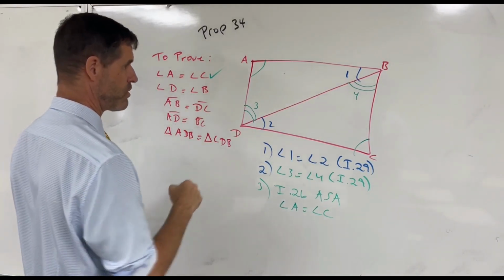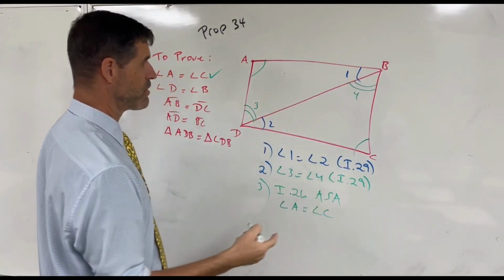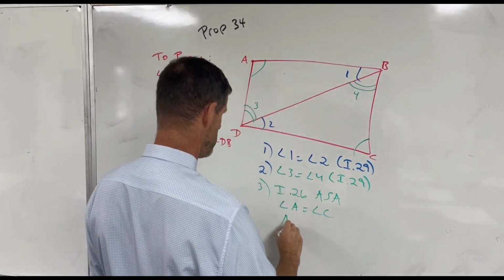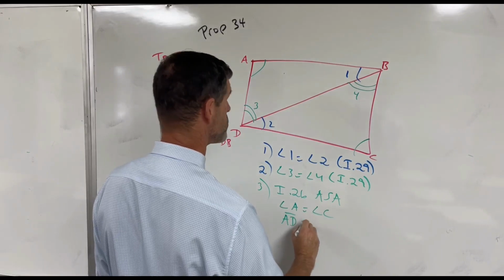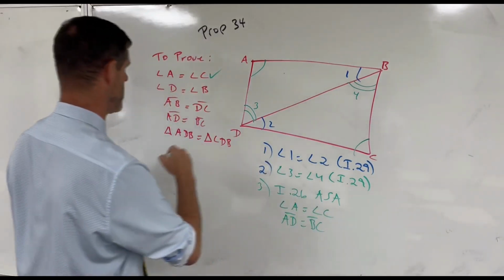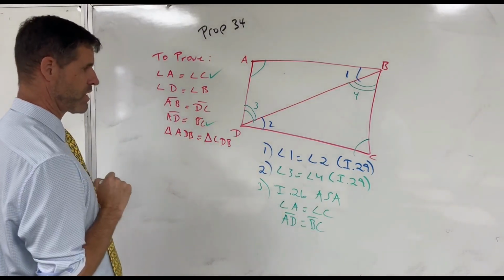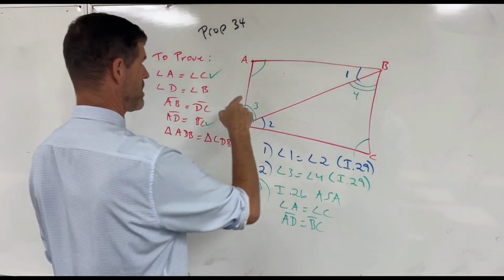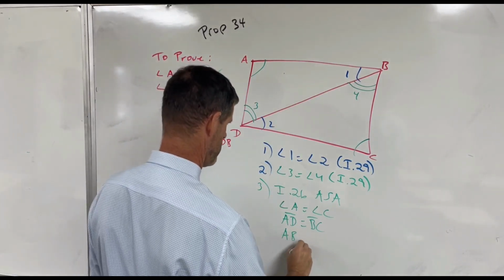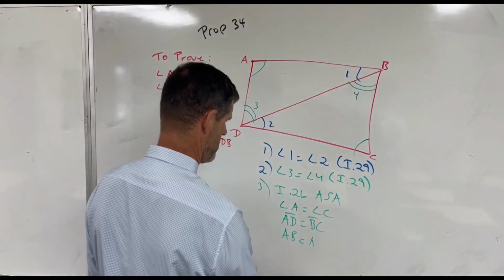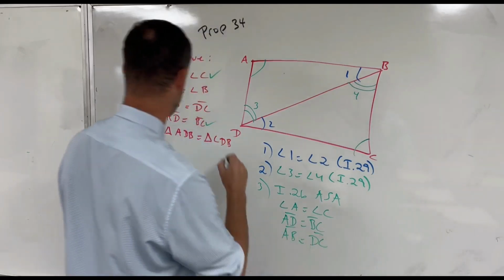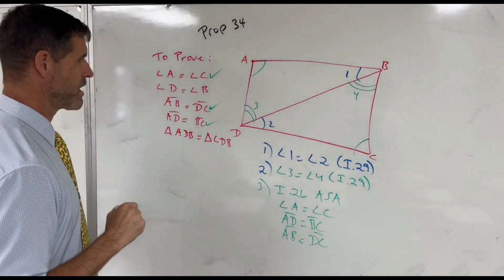And also we know that the remaining sides respectively are equal in each of these two triangles, so side AD equals side BC, which was this to prove right here. And we know that AB will equal DC, which was this to prove right here.